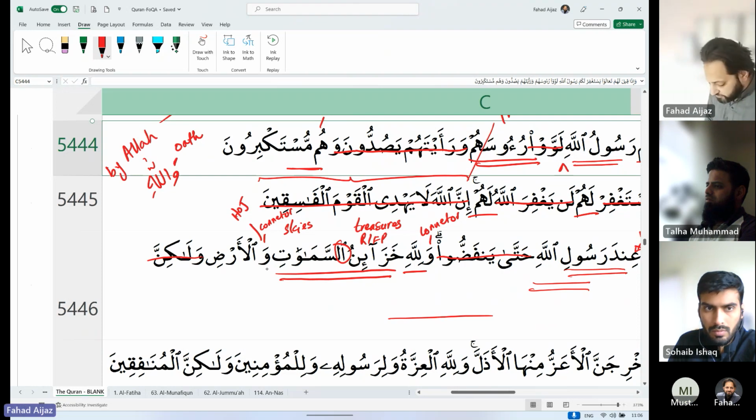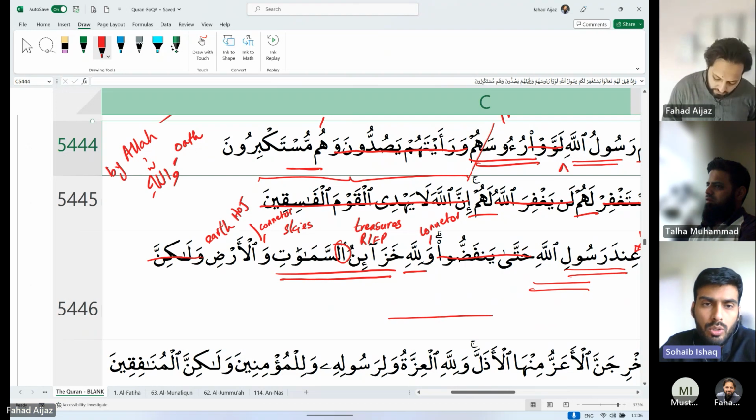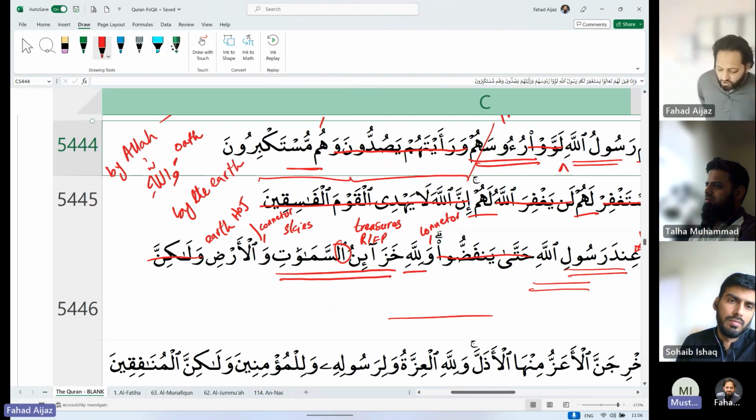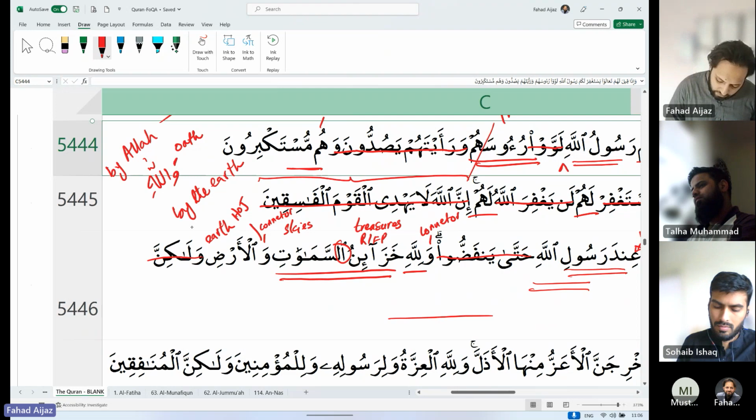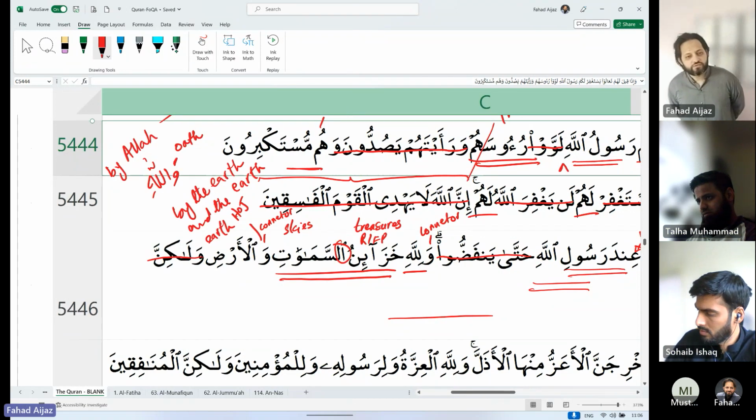Now, if it is a harf of jar, al-ardi means earth. You know that, right? If it is harf of jar, what should it translate to? An oath by the earth. But it doesn't make sense. Now, if it is a connector, it should translate to and the earth. Yes, right?